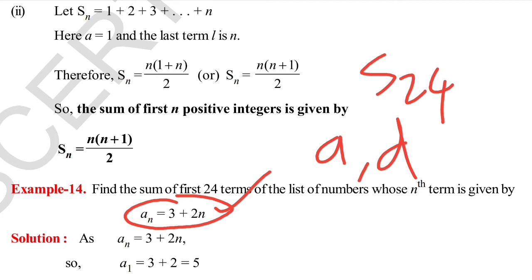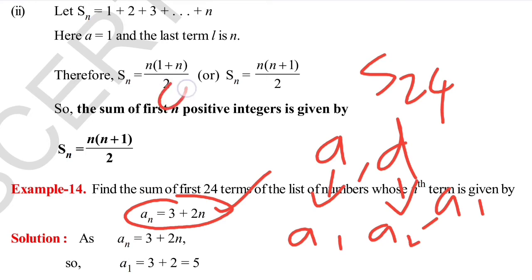A value is nothing but a1, which we get from this an. D value is nothing but a2 minus a1, and a2 will come from this an. So overall we need a1 and a2 values. Let's find these two values.